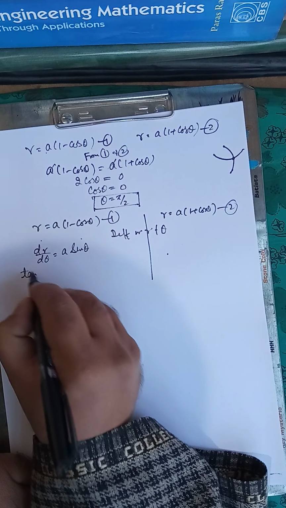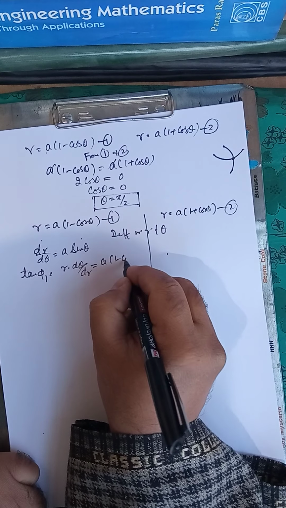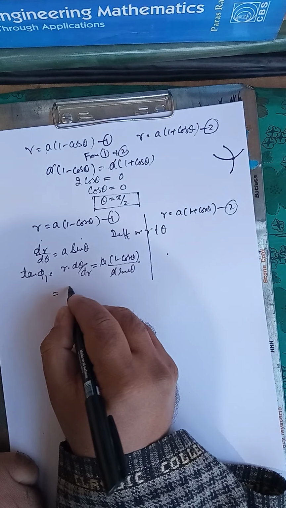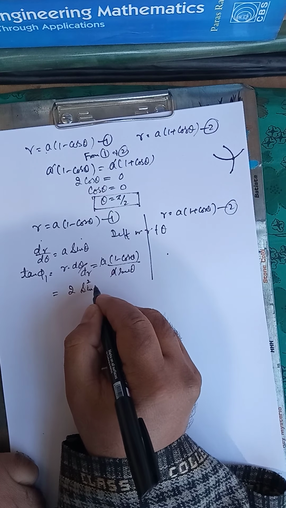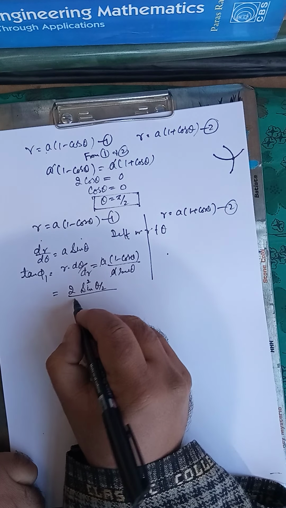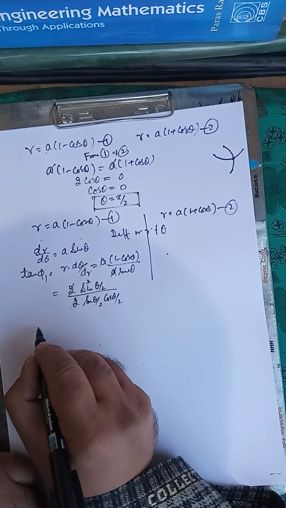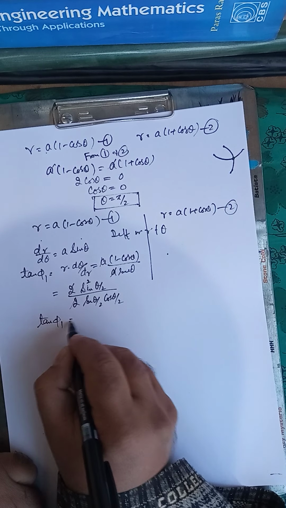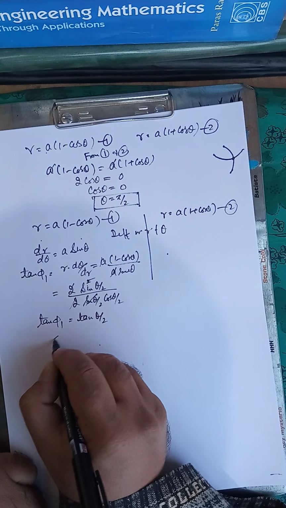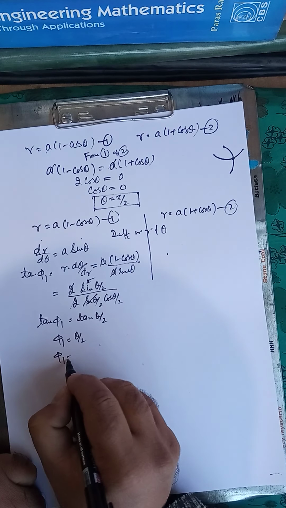Now tan phi 1 is r d theta by dr, which is a(1 minus cos theta) upon a sine theta. 1 minus cos theta is twice sine square theta by 2, and sine theta is twice sine theta by 2 cos theta by 2. So I have tan phi 1 equal to tan theta by 2. So phi 1 is equal to theta by 2. But theta is pi by 2, so phi 1 is pi by 4.